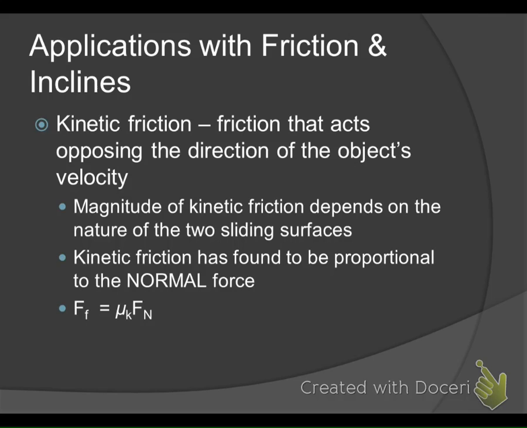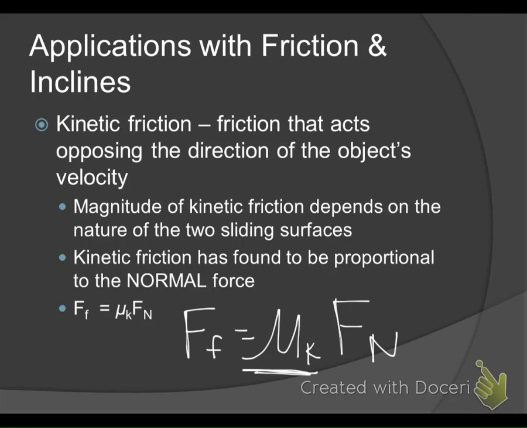So this equation here, you're going to need to get used to, and I'll write it a little bit bigger here if it's too small. It says force of friction equals this little symbol here, which means the coefficient of kinetic friction, times the normal force. So this symbol right here is called the coefficient of kinetic friction.